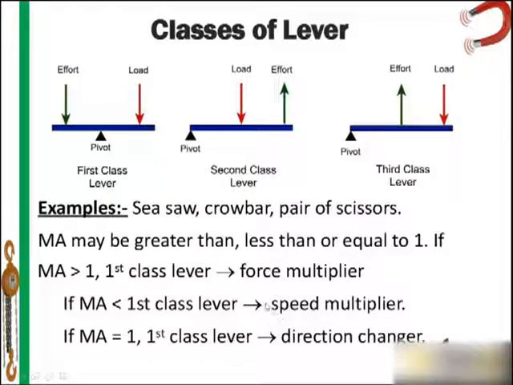And if the mechanical advantage is equal to 1, then the lever is a direction changer. So just by looking at the mechanical advantage, the load over the effort, we can determine whether it's a force multiplier, a speed multiplier, or a direction changer.